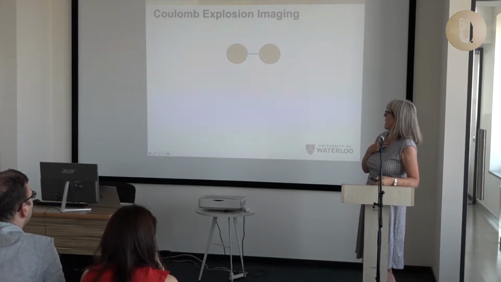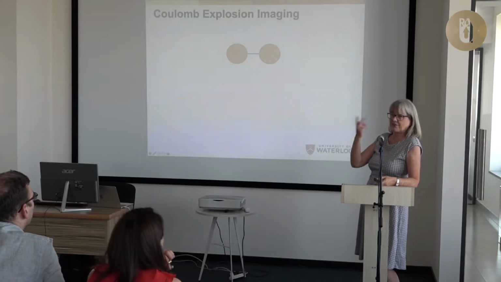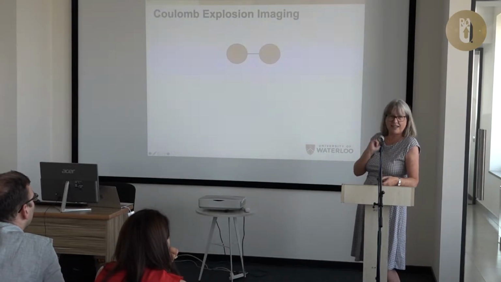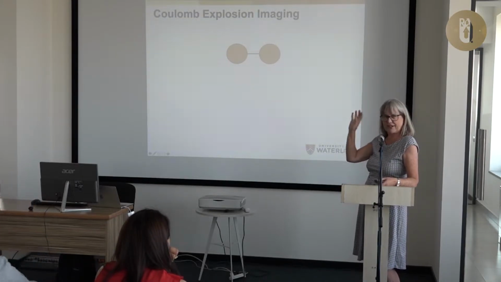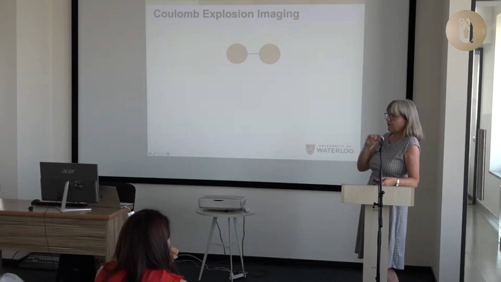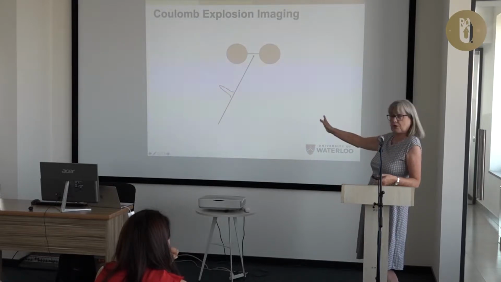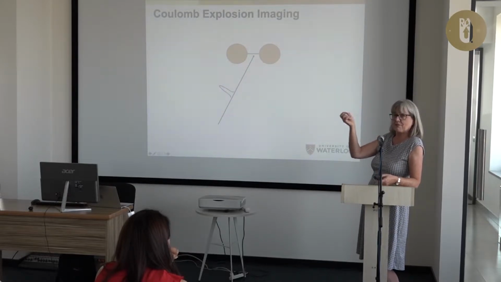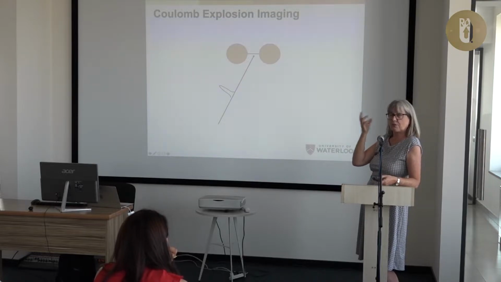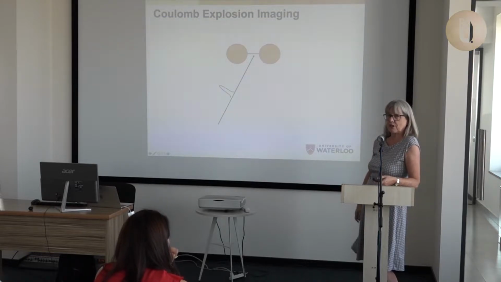So now here's how Coulomb explosion imaging works. I've now dropped this down even to a diatomic, because that's enough to understand Coulomb explosion imaging. So we have two atoms connected together, and we need to know how far apart are they. So we're going to go in with a short pulse, because again, this is vibrating at maybe 10 femtoseconds, and so the pulse has to be shorter than that if we're stopping the motion.